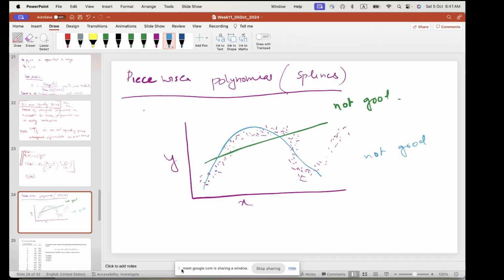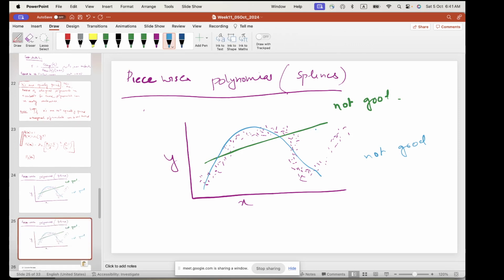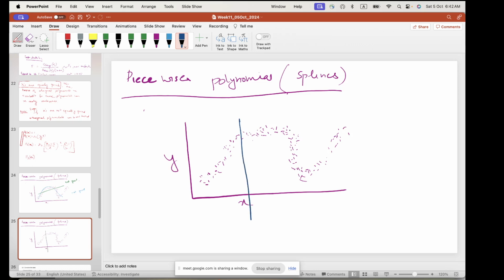So in this example, if you look very carefully, if we divide the data, let's say, into three parts, 1, 2 and 3 or something like this.